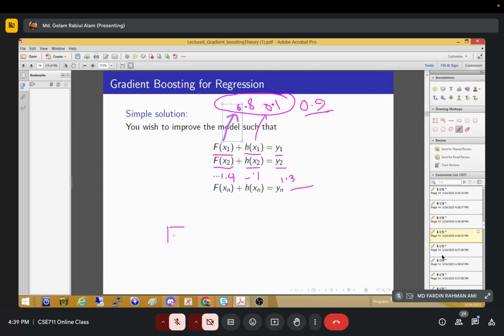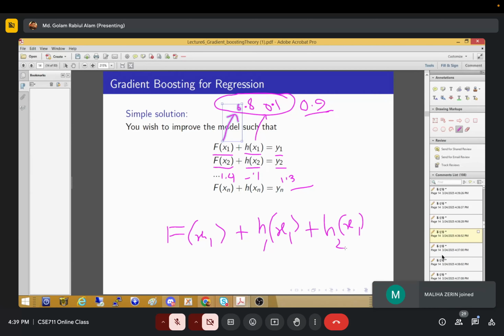Like f of x1, and then if we consider h of x1, and also the h of x2, sorry, h of x1, another one. You can say this one is h1 of x1, and this is the h2 of x2.